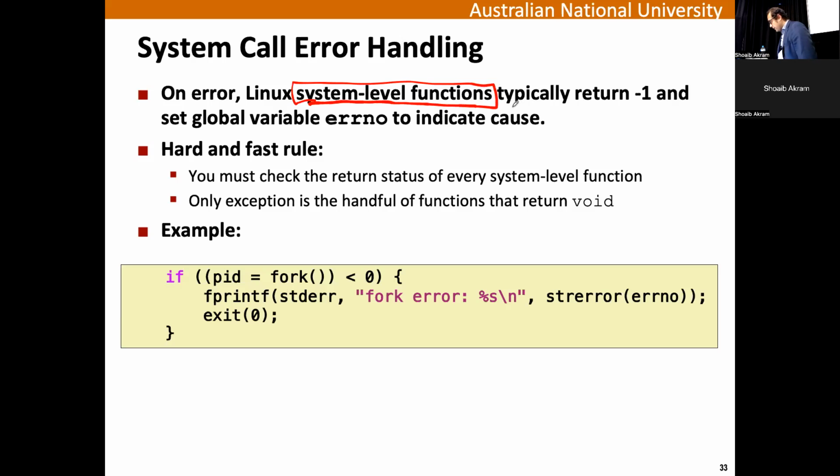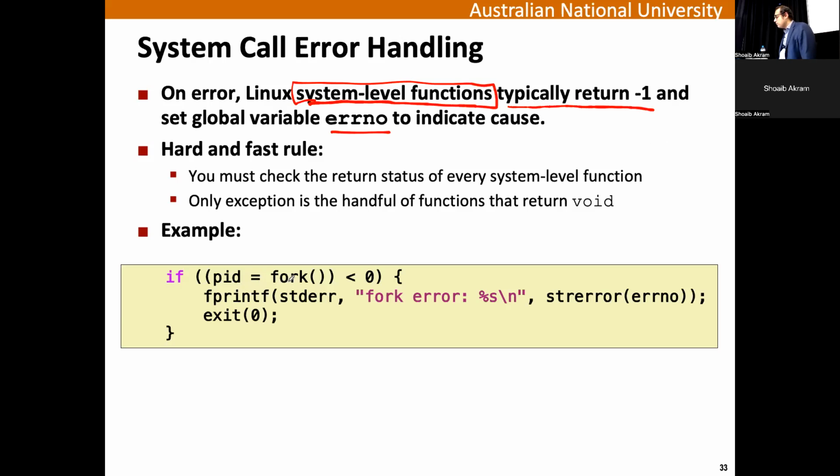Whenever something goes wrong, system level functions or system calls return -1 and set a global variable errno to indicate the cause. It is a good practice, whenever you're using system level functions, making system calls, to check for and handle the error.